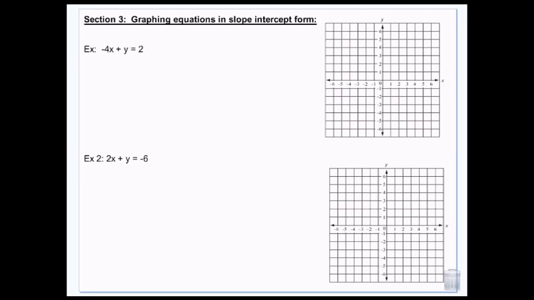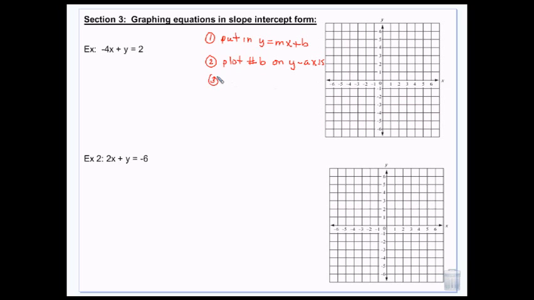Maybe it'll help if we write down the steps. So step 1, okay, so first step is we're going to put it into y equals mx plus b format. Step 2 is we're going to plot the number b on the y-axis.